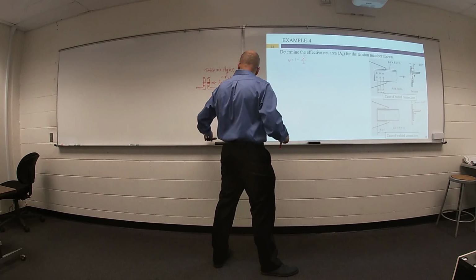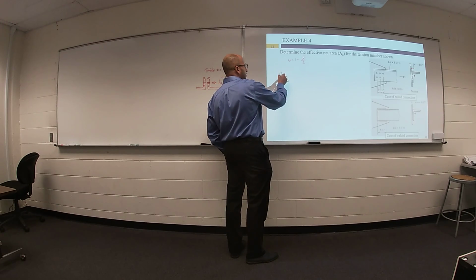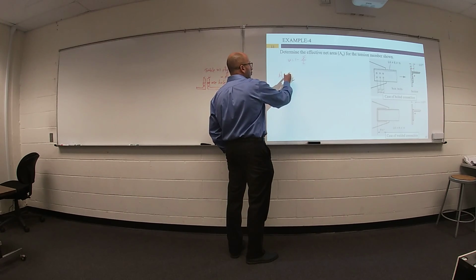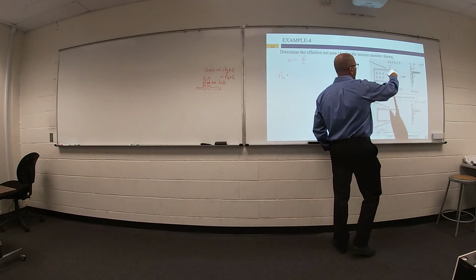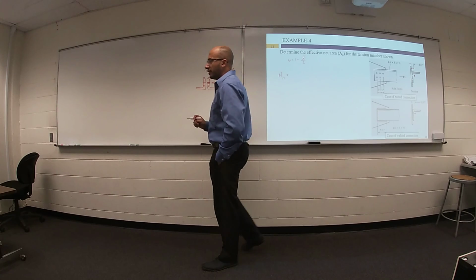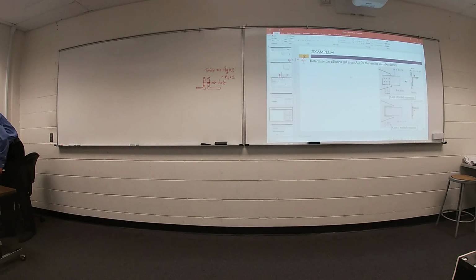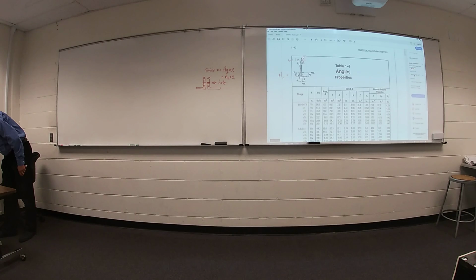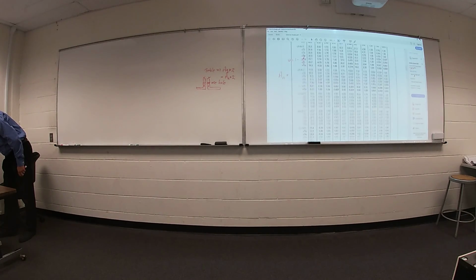So if you would like to get your area net for this example, it equals area gross. We have a 6 by 6 by 1/2 angle. What is the area gross for this angle? We said 6 times 6, so go down.